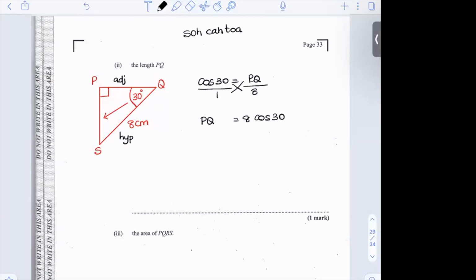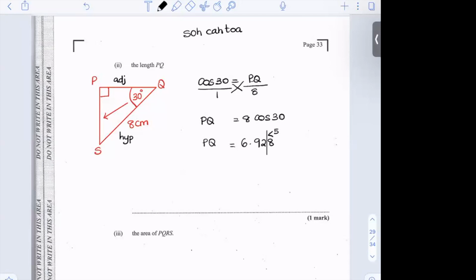Give me the answer to 2 decimal places, please. Miss, 6.92. 6.93. You have 6.928. To 2 decimal places, this is my cutoff.